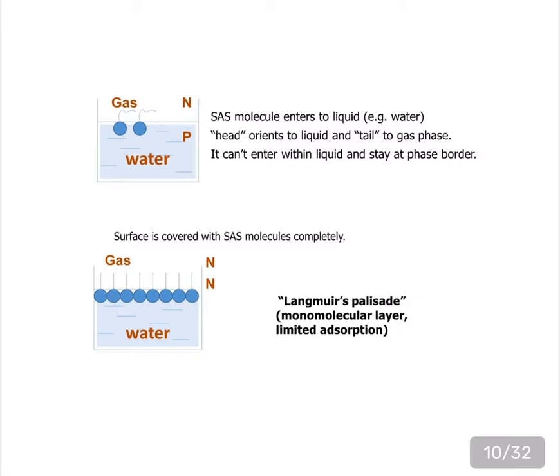This state is called a monomolecular layer, Langmuir palisade, or limited adsorption. It is a stable state because polarity between phases decreases.